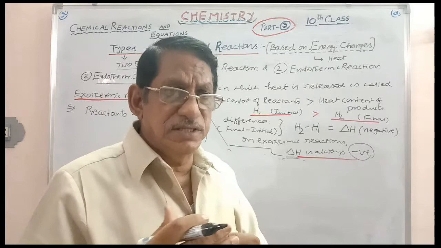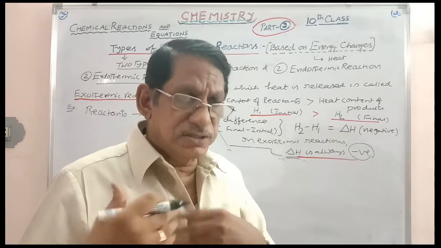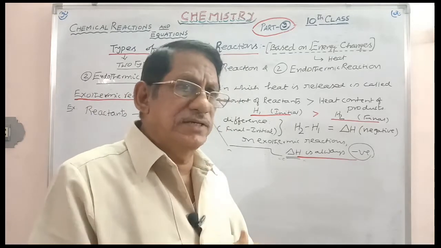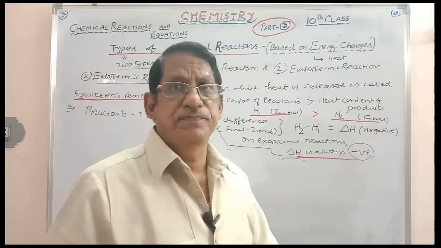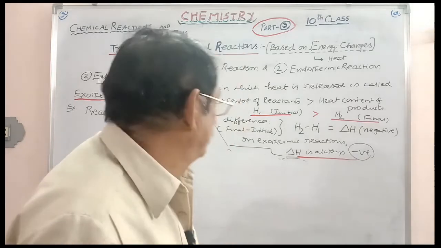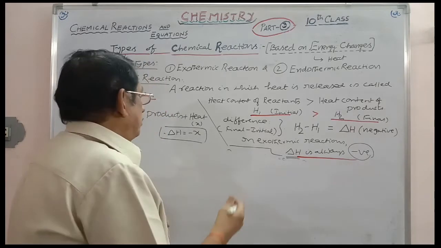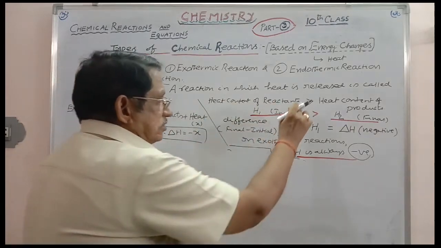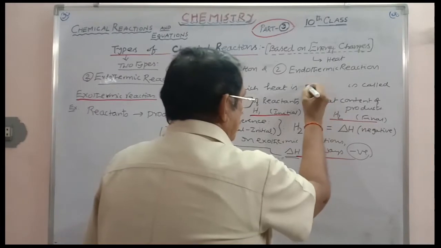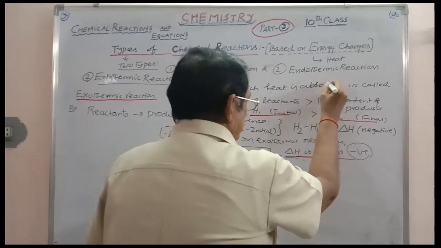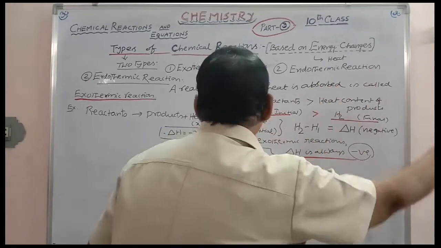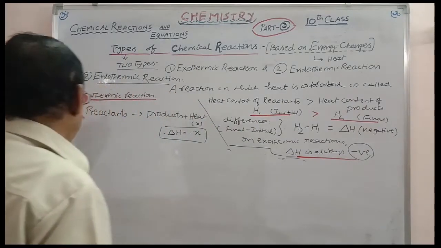Whatever amount is less than the product's heat, that extra amount of heat is supplied to reactant in order to convert it into product. And that is why in this endothermic reaction, heat is absorbed. A reaction in which heat is not released, heat is absorbed. Simple replacement is called endothermic reaction.